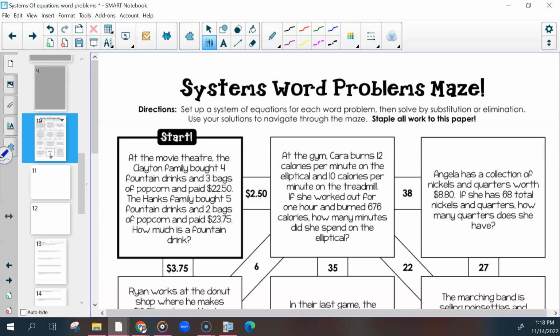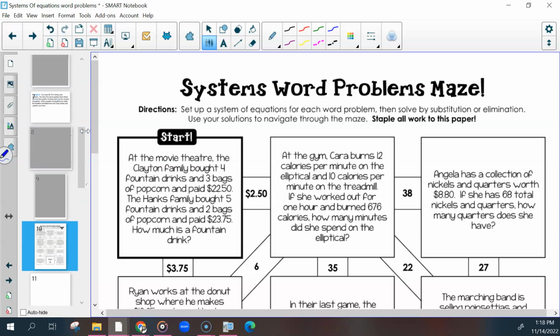Tell me important things you see. Josie. 4 fountain drinks. 3 bags of popcorn. Page 2250. 5 drinks. And 2 bags of popcorn. Page 2250.